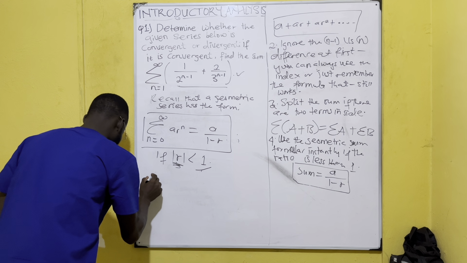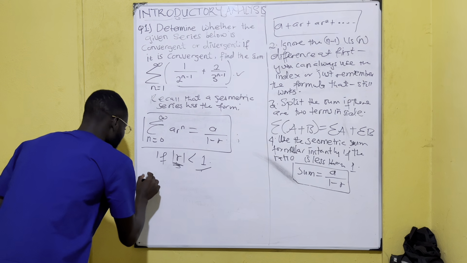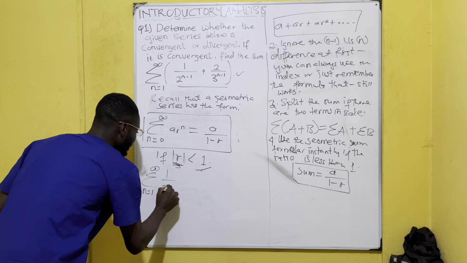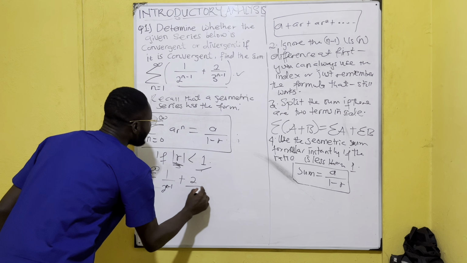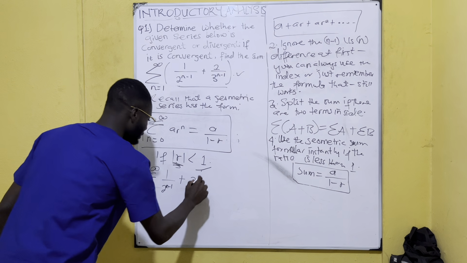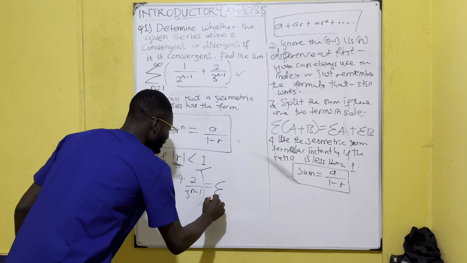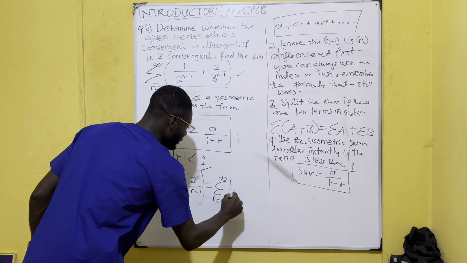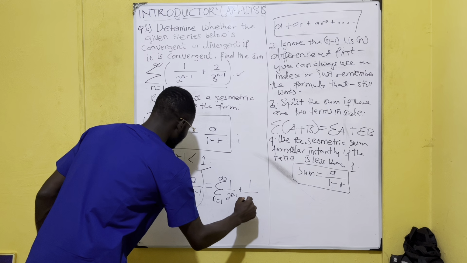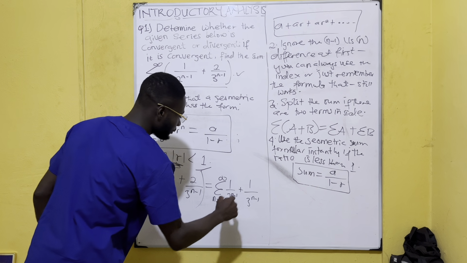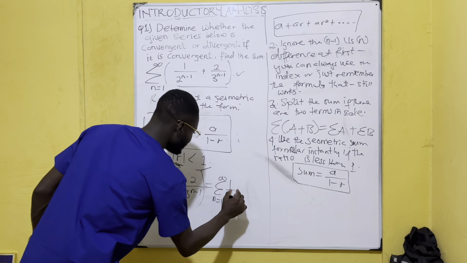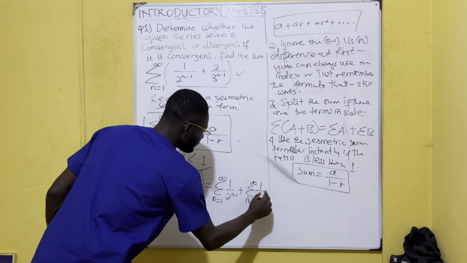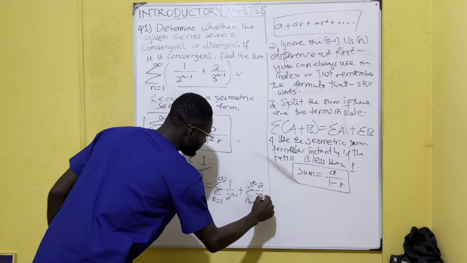So we are going to say that the summation from n equals 1 to infinity of 1 over 2 to the power n minus 1 plus 2 over 3 to the power n minus 1 is the same as the summation from n equals 1 to infinity of 1 over 2 to the power n minus 1 plus the summation of 2 over 3 to the power n minus 1.